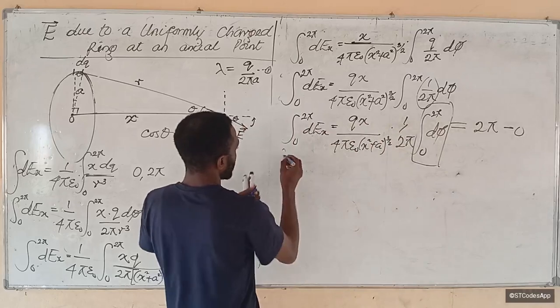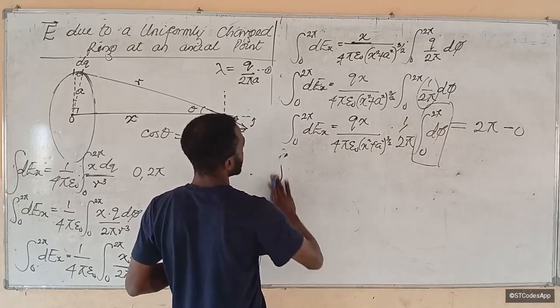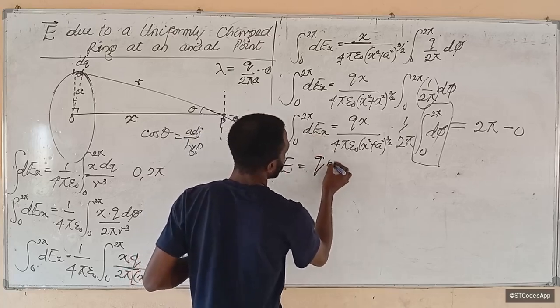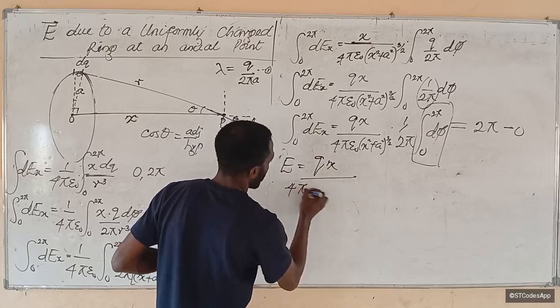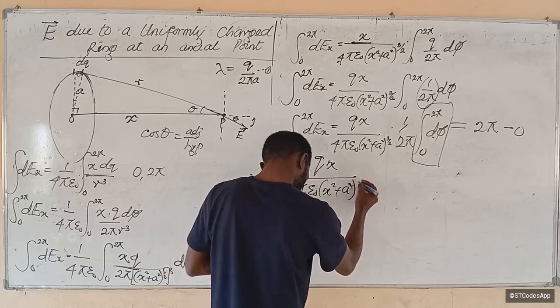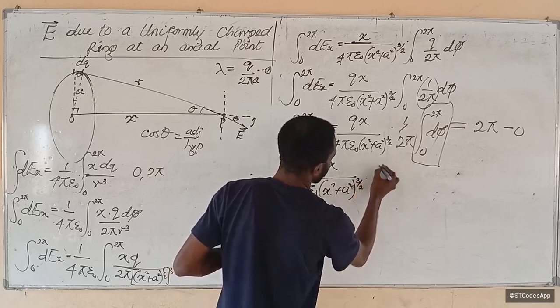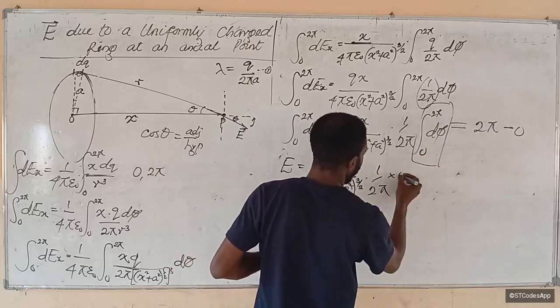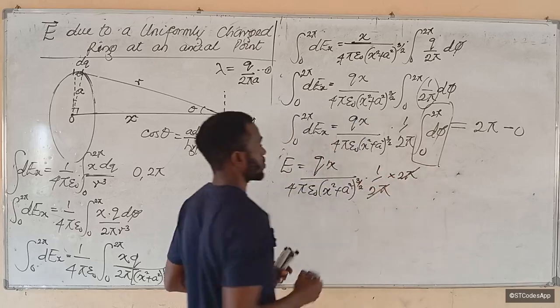Okay, so our answer now becomes, by the time we integrate this, we'll be left with E equal to Qx over 4 pi epsilon naught, x squared plus a squared all raised to power 3 over 2, times 1 over 2 pi, then this has become 2 pi, so this takes care of this.